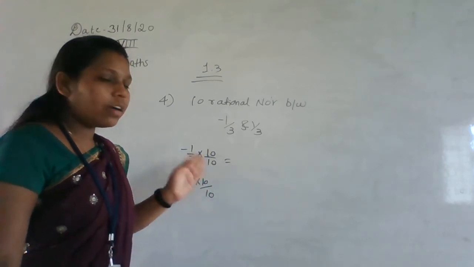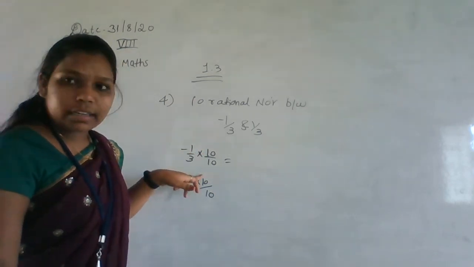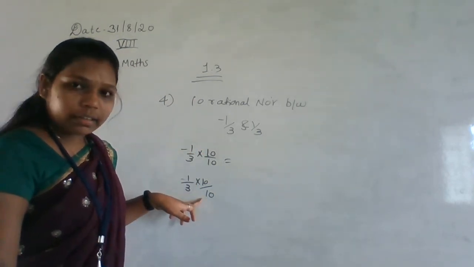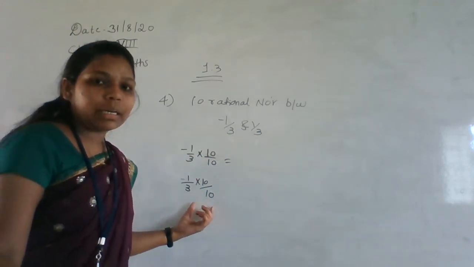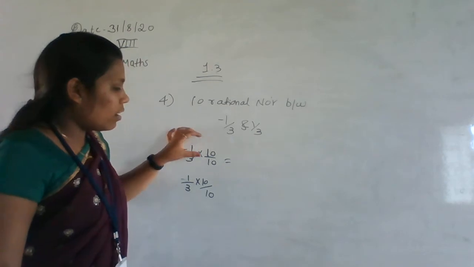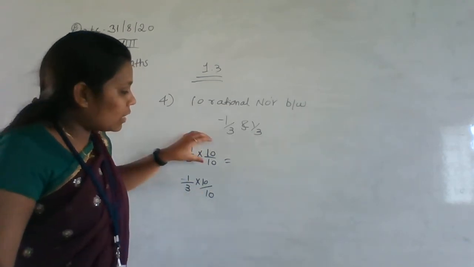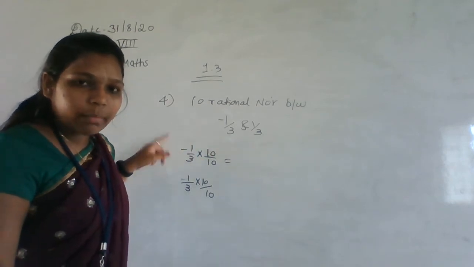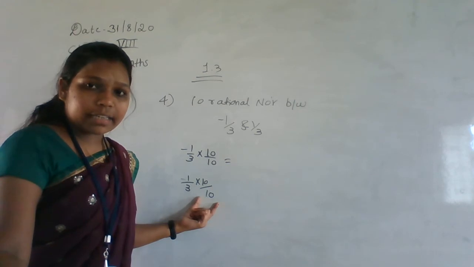So here multiplying with 10 by 10 and here 10 by 10. Whatever value you multiply for the first rational number, that only you have to multiply for the second rational number also. Don't do it like 9 by 9 here and 10 by 10 there.